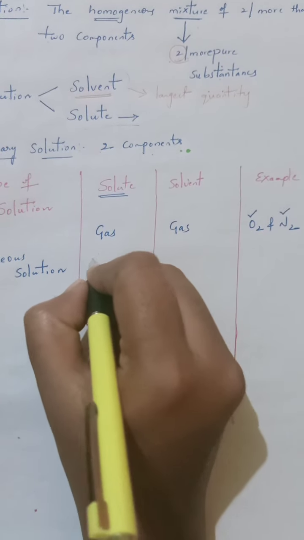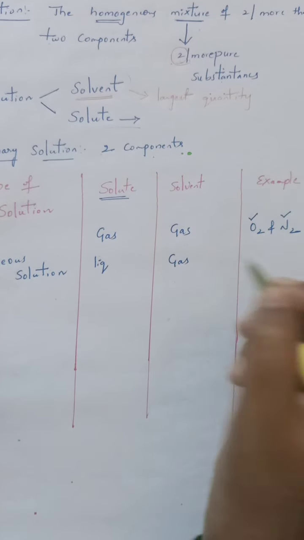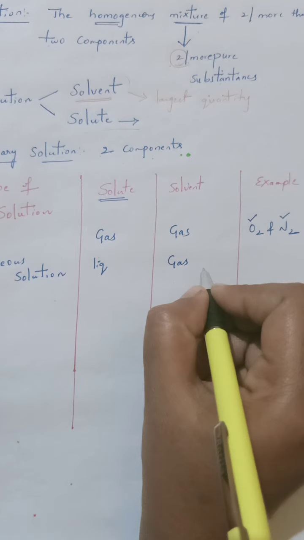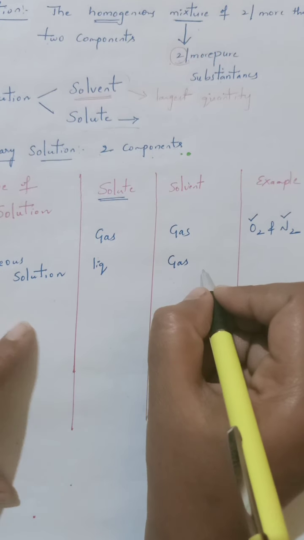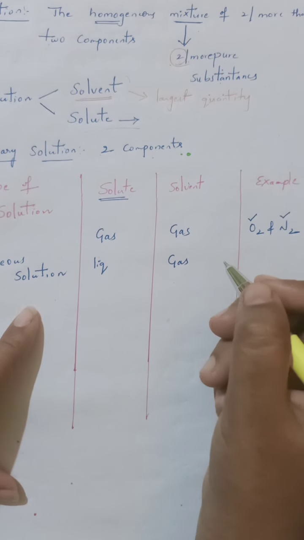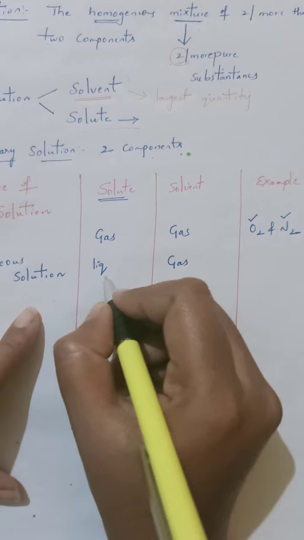Next one is liquid. Here the solute is present in liquid state, and the solvent is present in gaseous state. The solvent condition didn't change, it exists as gaseous state, only the solute is in liquid state.